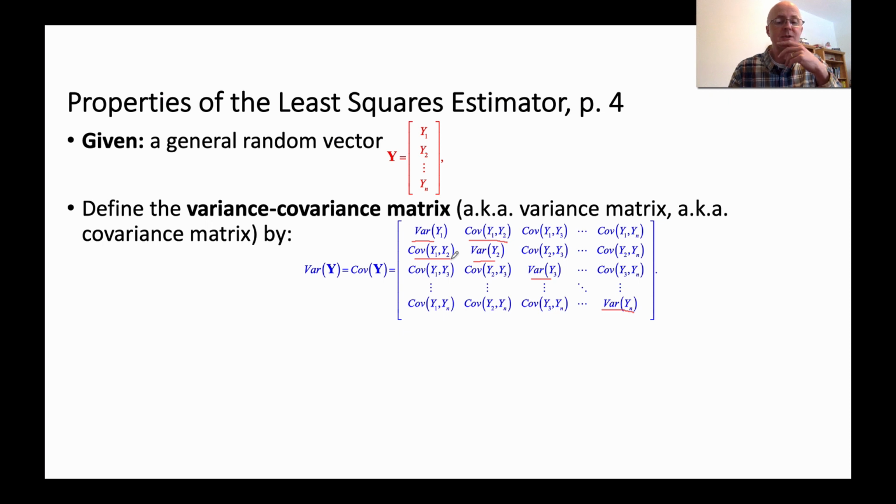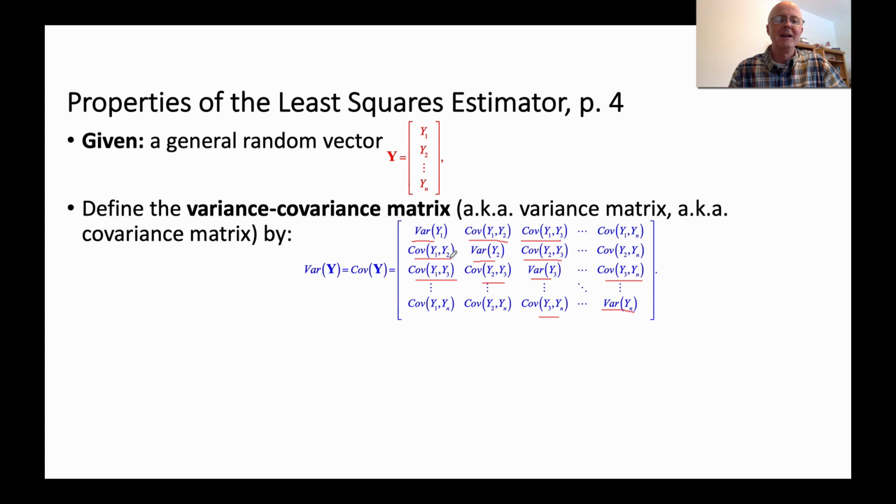This is a symmetric matrix. Covariance of y1 and y3 here and here. You could switch the order of those inside the parentheses because covariance as a function of its two inputs is symmetric with respect to those inputs. Covariance of y2 and y3 here and here, etc. Covariance of y3 and yn here and here, for example. There are missing entries. It's an n by n matrix that we're going to call the variance covariance matrix.